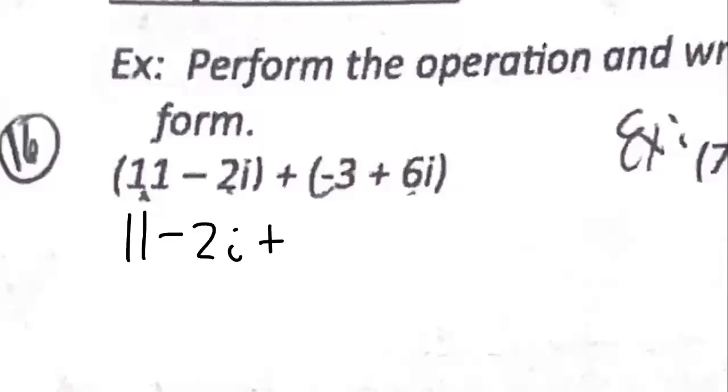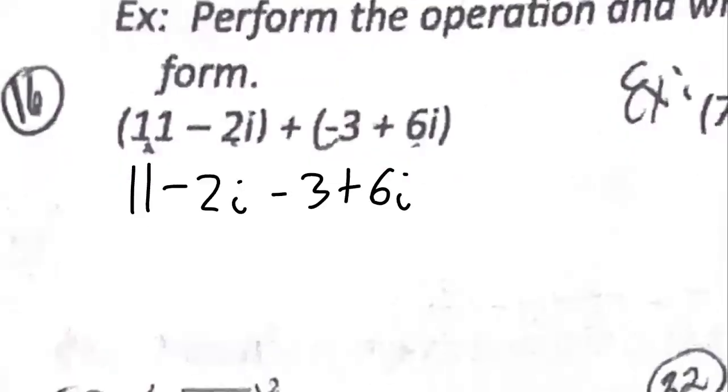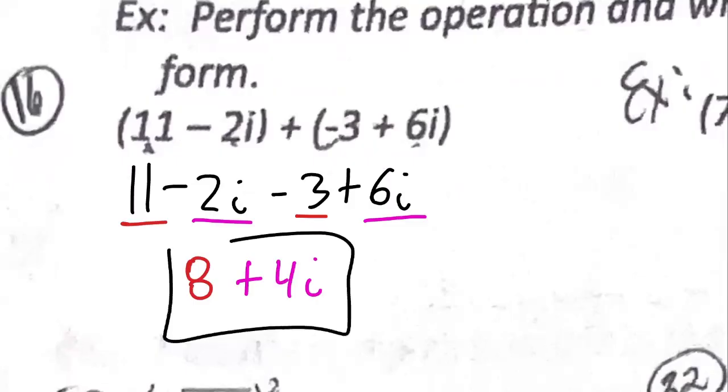So it's just plus, or you can write it as -3 plus 6i. Then combine like terms. 11 minus 3 gives me 8. And then -2i plus 6i is +4i. So standard form states you must have the real first and then the imaginary second.